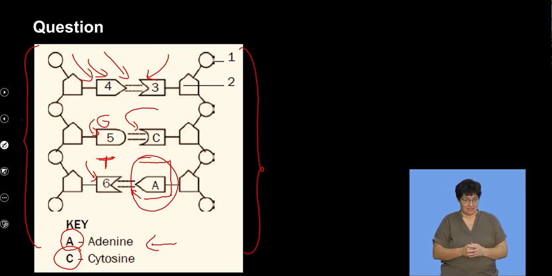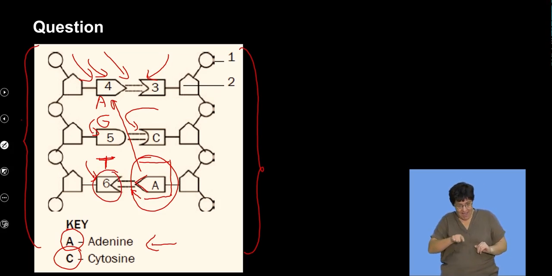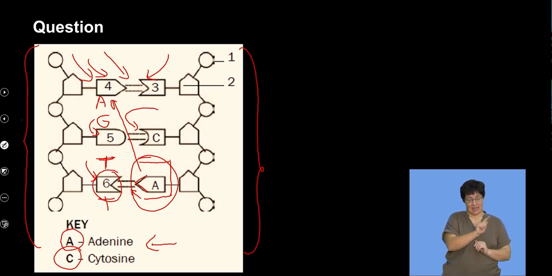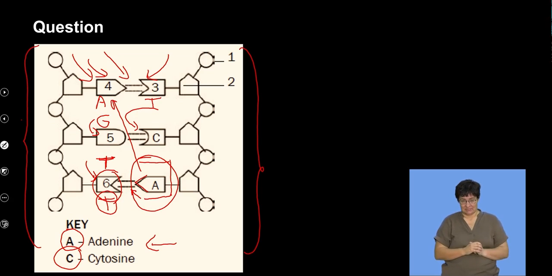Knowing that adenine has a unique arrow-pointed shape, we can infer that number 4 would also be an adenine. Likewise, number 6, which we identified as thymine, indicates what number 3 would be.